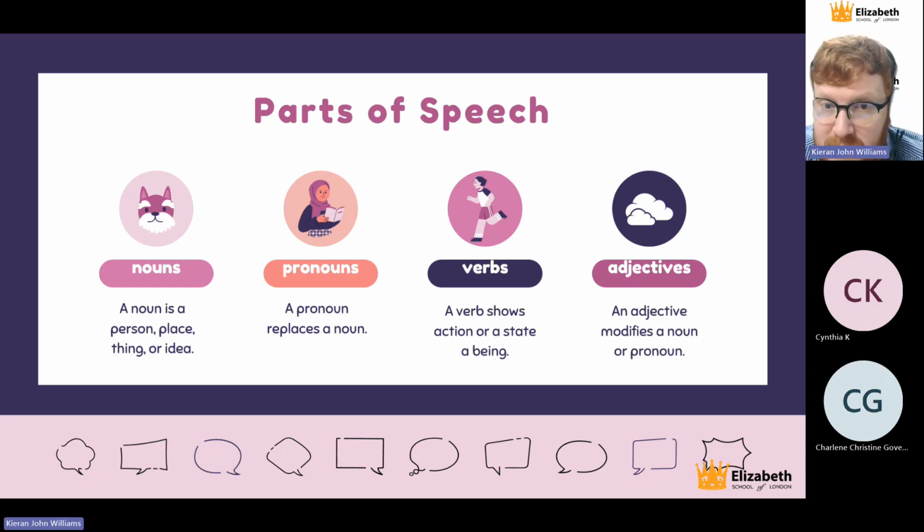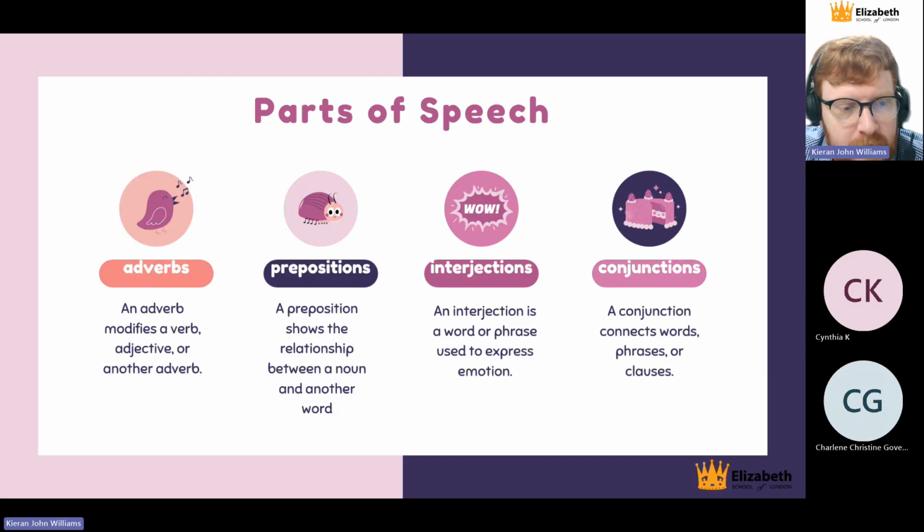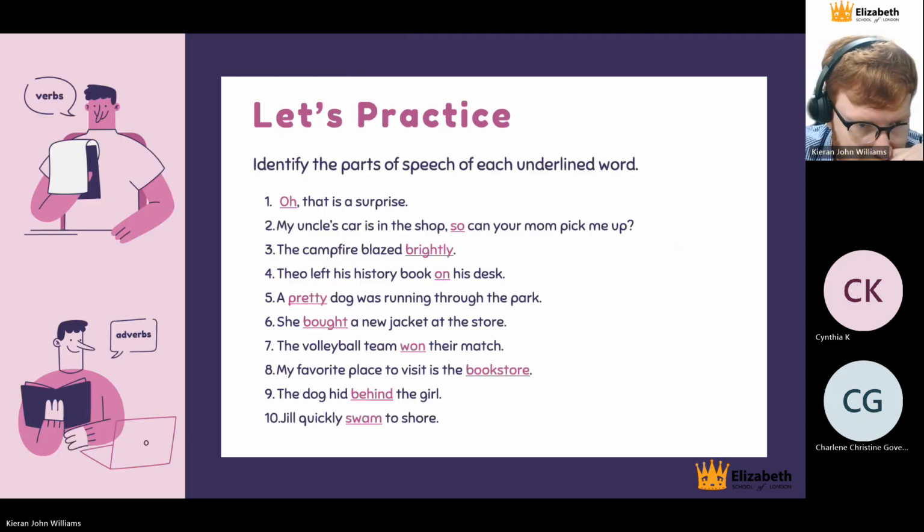Adjectives are those describing the word. Adverbs are those words similar to adjectives which describe an action. We've got prepositions, those words like in, on, at. Interjections, those words like wow and ouch, and conjunctions, those connecting words like but, etc.